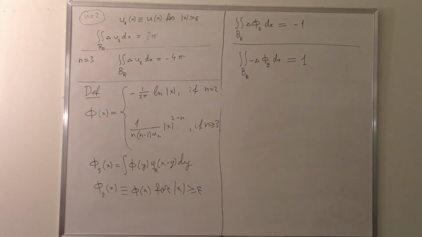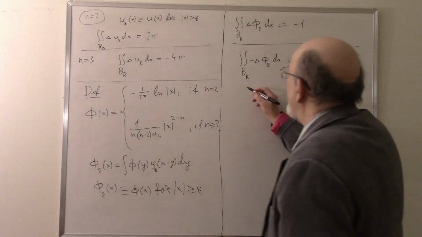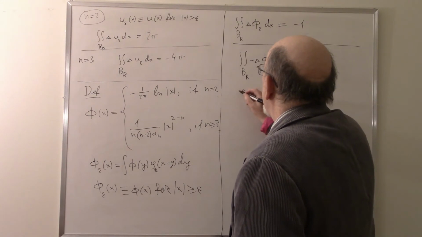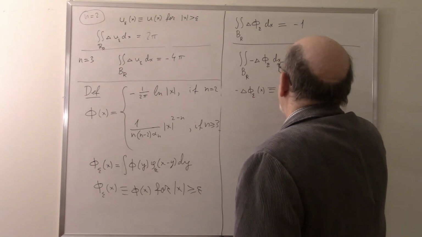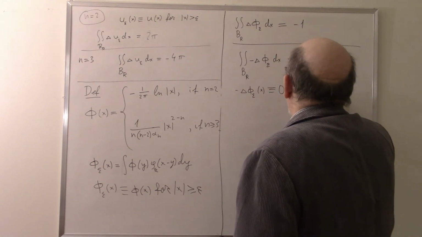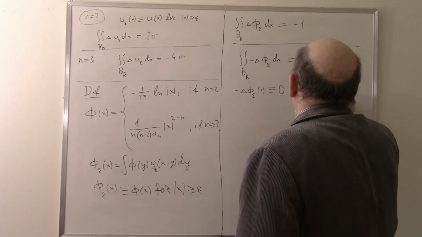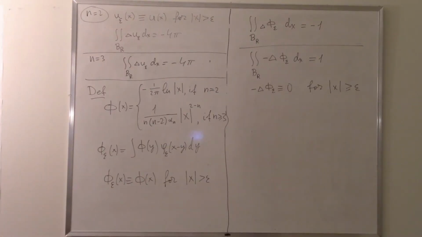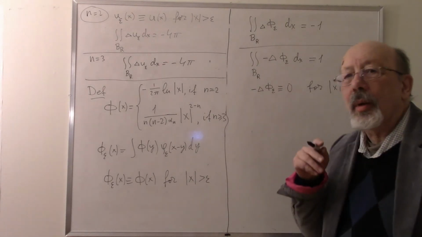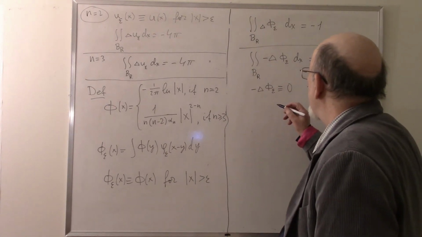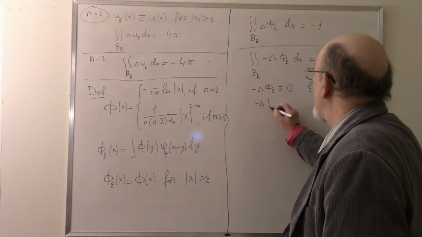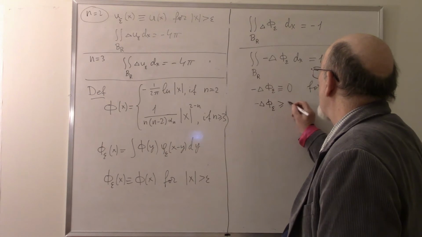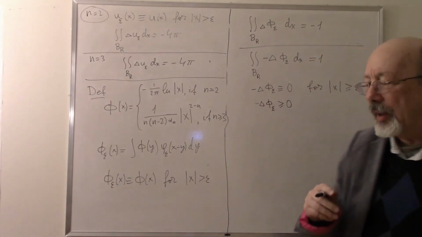So it is one thing. Other thing about this phi epsilon is that minus delta phi epsilon of x is identically 0 for module x more than epsilon. We can add other properties: minus delta phi epsilon more equal than 0 for all x.